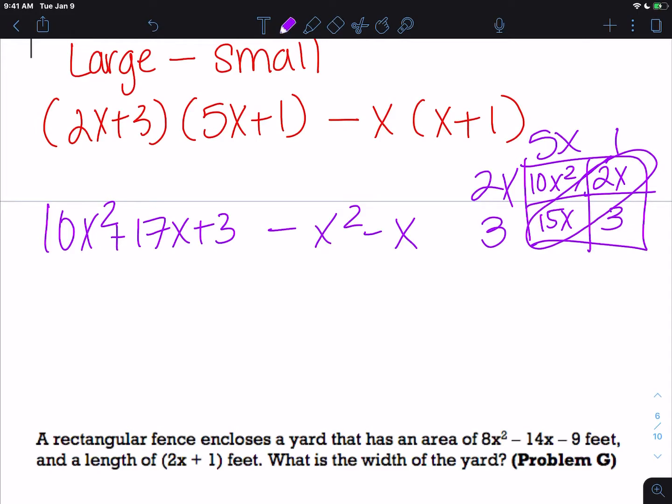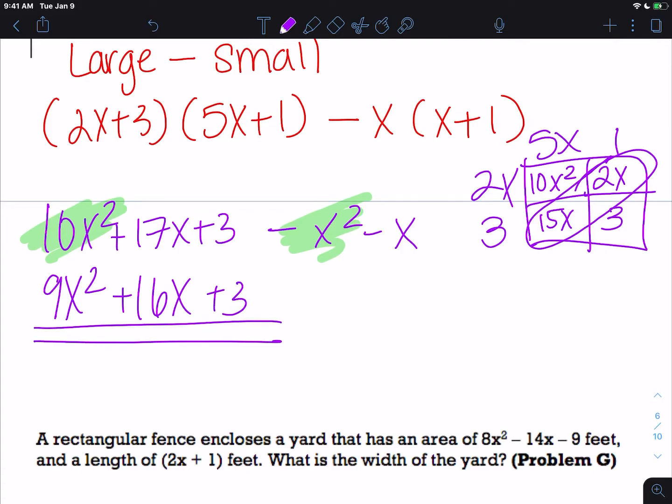Now I'm going to go ahead and start combining like terms. So I'm going to put my x squareds together, my regular x's together, and of course my constants. And there's my answer.